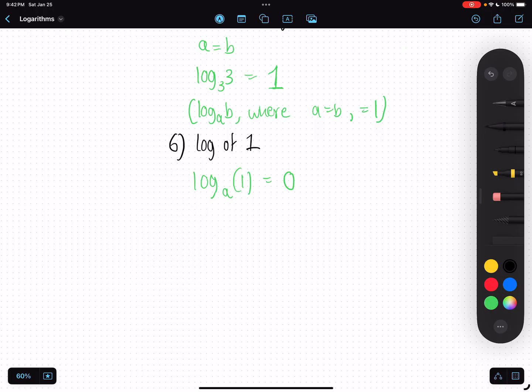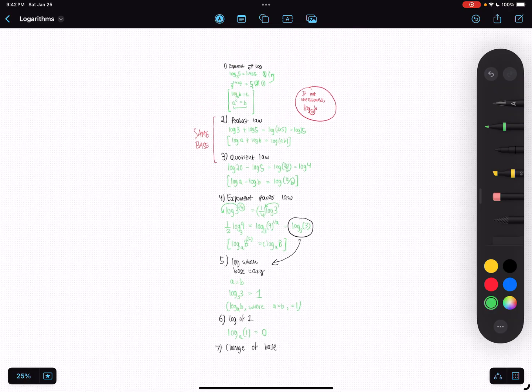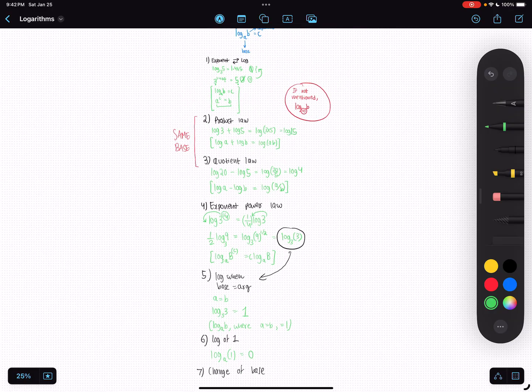And now we have the final important formula called the change of base formula. This is really, really important for this reason. Remember how I told you earlier that these two key laws, 2 and 3 over here, apply only when there's the same base?